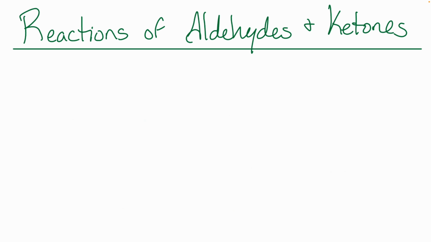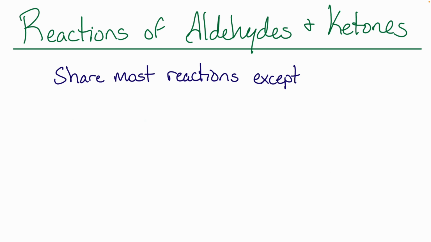And that's why aldehydes and ketones got separated, because they share most reactions except what turned out to be a pretty big one, oxidation. Because these two functional groups oxidize differently, they were put into two separate buckets.